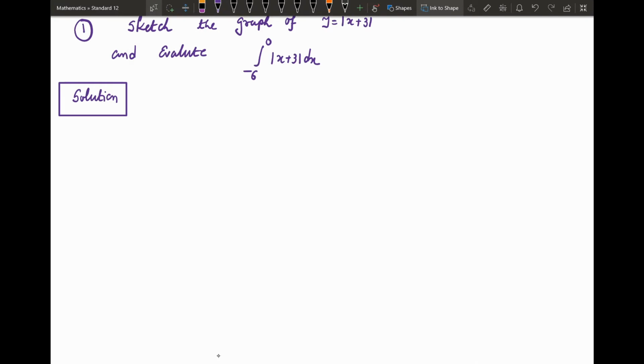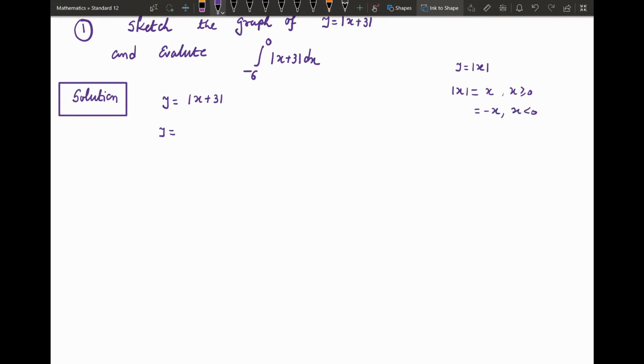First, y equal to modulus of x plus 3. We know the graph of the modulus function is a union of two rays. So according to the definition, recall that mod x equals x if x is greater than or equal to 0, and its value is minus x if x is less than 0.